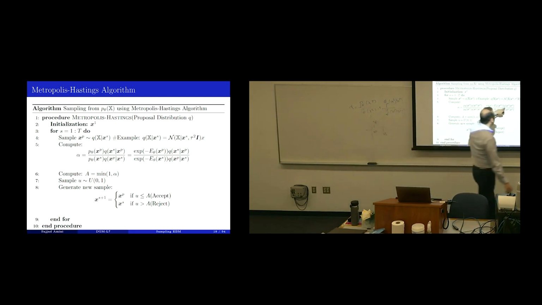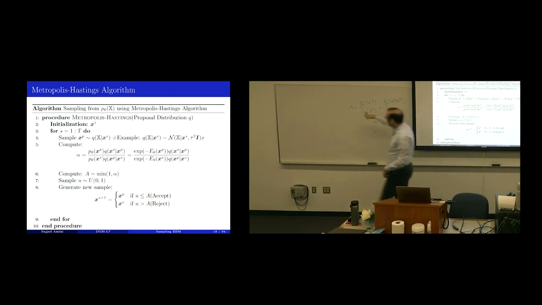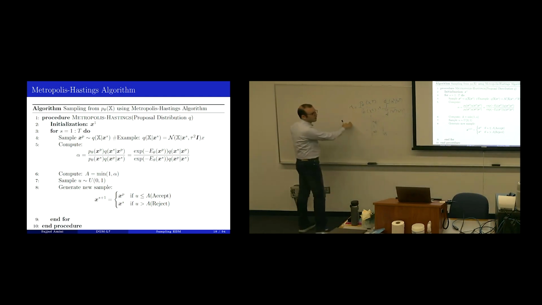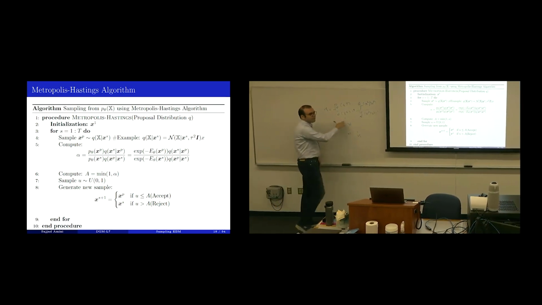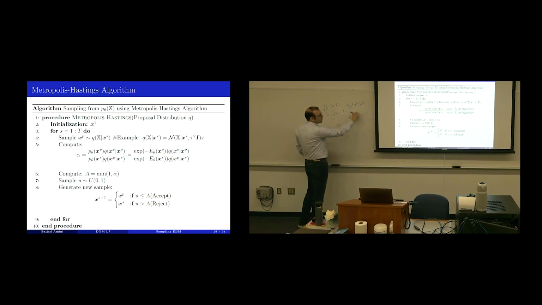If xp is favorable in terms of the Q distribution, then it reduces the value of alpha. If it is favorable in case of Q, it means that this is a large value and this is a small value, then you reduce the value of alpha.